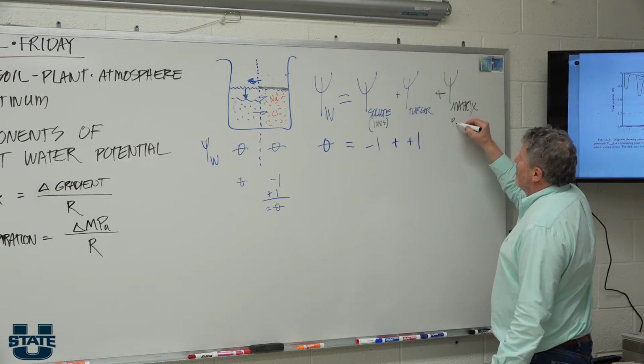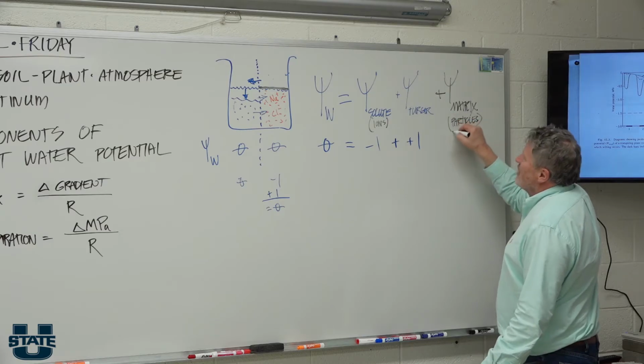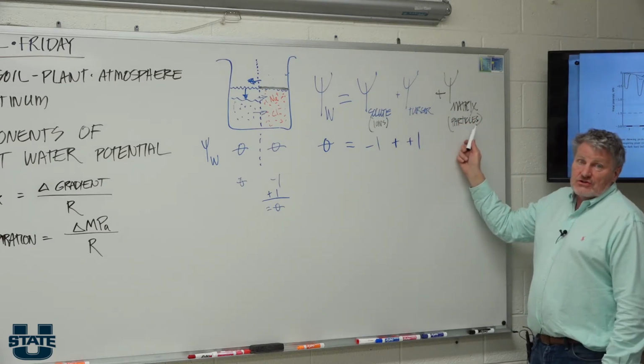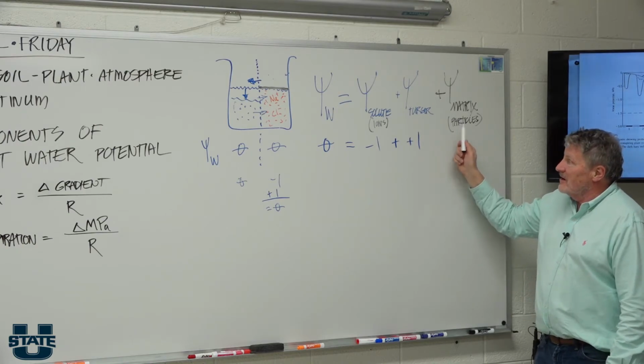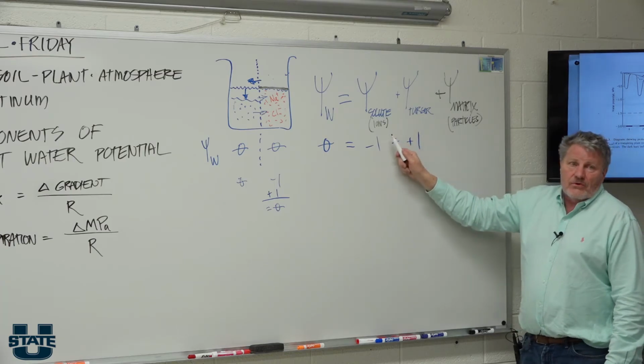And this is particles. Now, particles and ions do essentially the same thing, but these are not in solution. This is physical binding, and these are chemically bound. But they're both negative numbers.